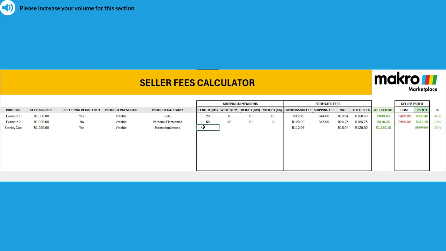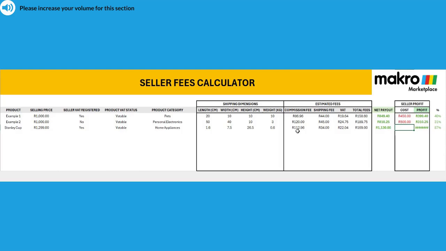So you start with the length, and our length is going to be 1.6, then 7.5, then 26.5 for the height, and the weight is going to be 0.6 kilograms. Right, and then once you're done, if you click on tab, you'll see that your estimated fees are then calculated.